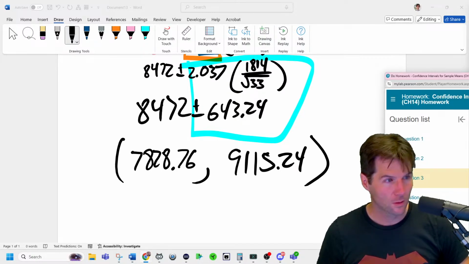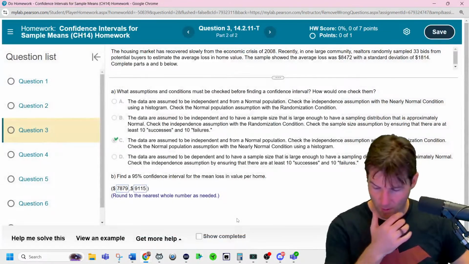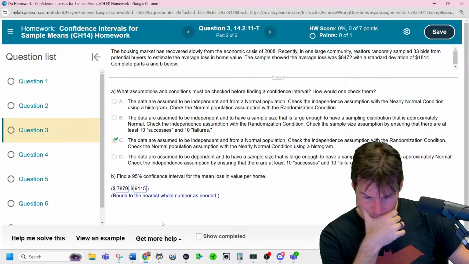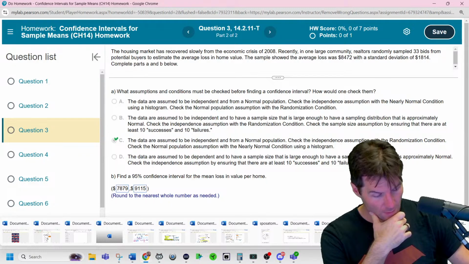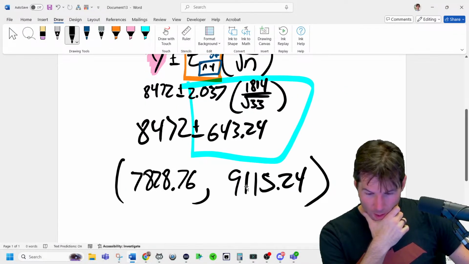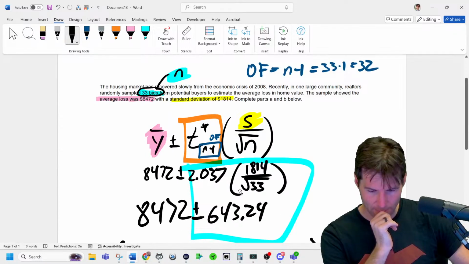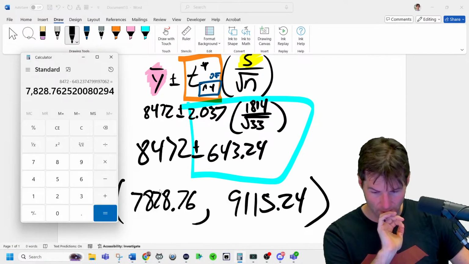Okay. Check answers. What did I do wrong? Check my work again. What did I do wrong? S over square root N, T, 8472. You find the error, I'll be very, very happy. Let me check my math again on the margin of error.